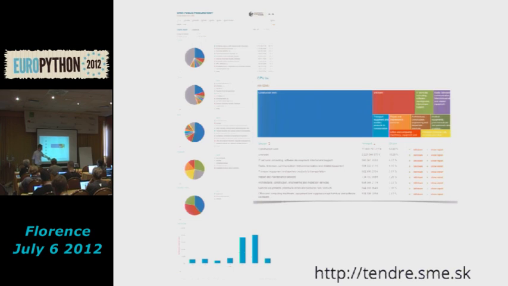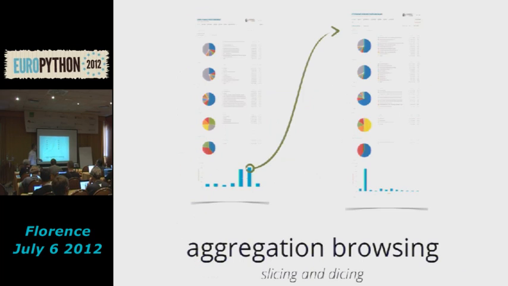You can go to this web page, the Open Data Project for Public Procurements of Slovakia, which has a Cubes backend. It's a reporting application where you can aggregate the data and browse the data through the various hierarchy levels of aggregation.